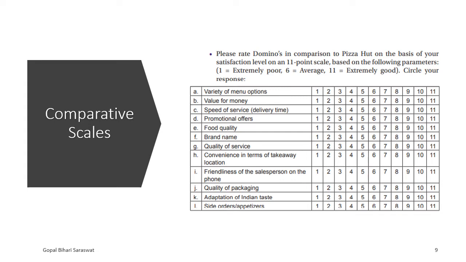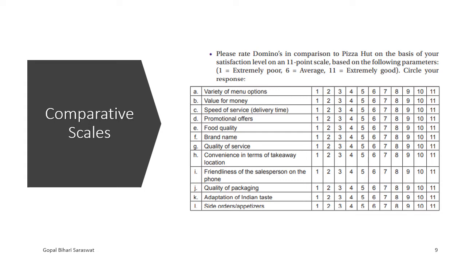They are asking their customers to fill in a comparative scale, so we are trying to compare between Domino's and Pizza Hut on the basis of satisfaction. We use an 11-point scale, where 1 indicates extremely poor satisfaction, 6 indicates average satisfaction, and 11 indicates extremely good satisfaction.